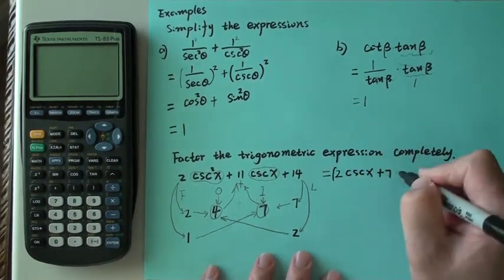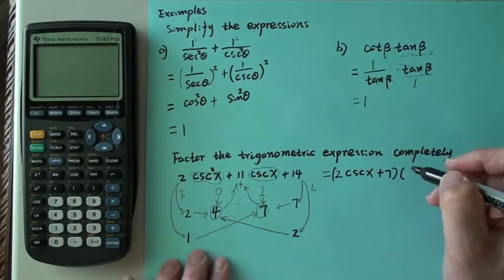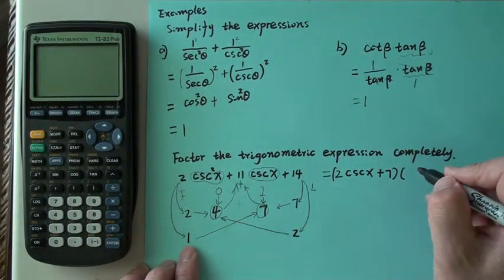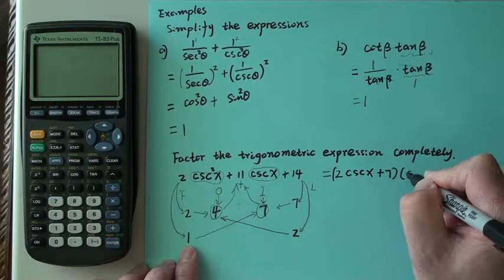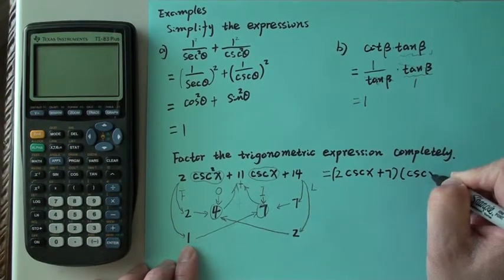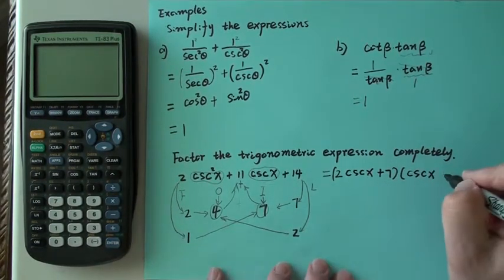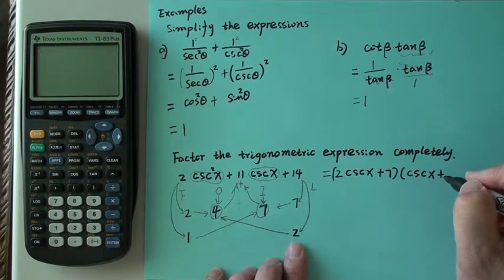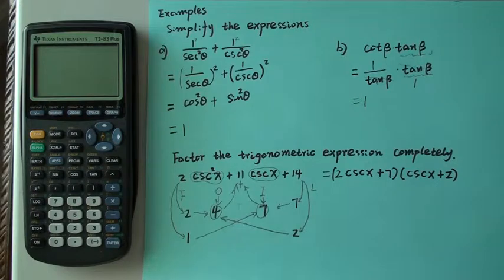Okay? And then here 1, so 1 times cosecant is just cosecant x, and then plus 2 right here. Okay? So you may say, is this really right?